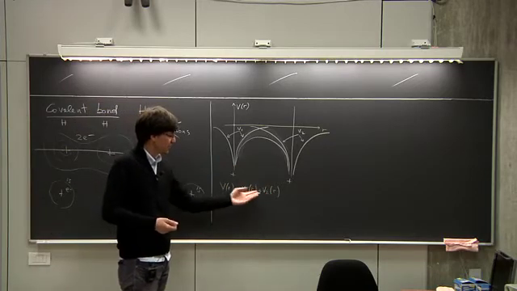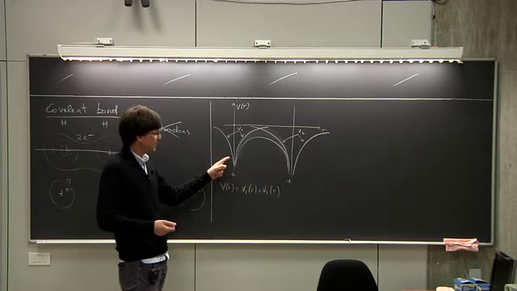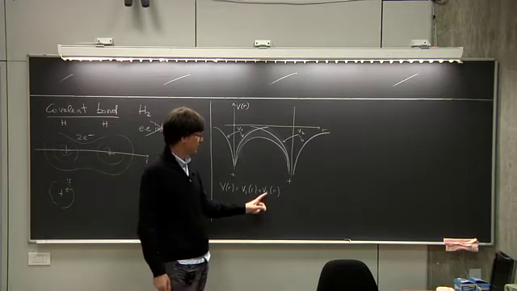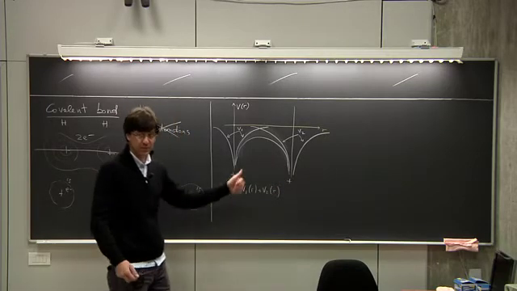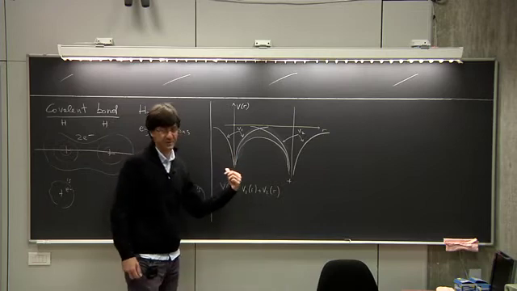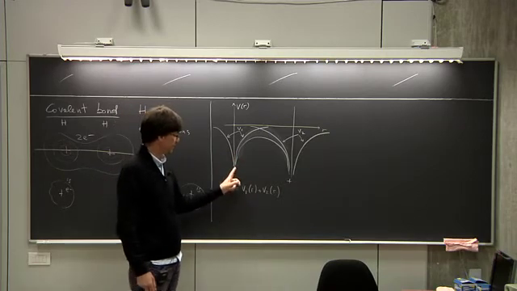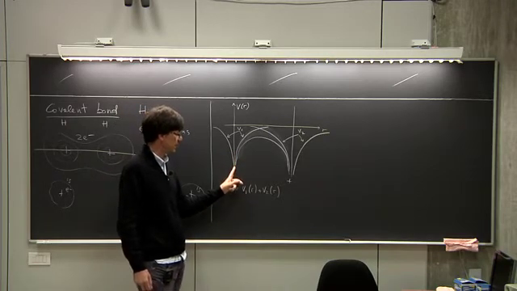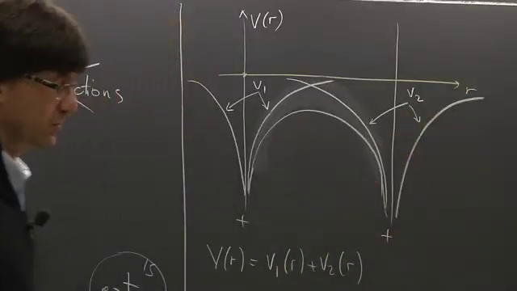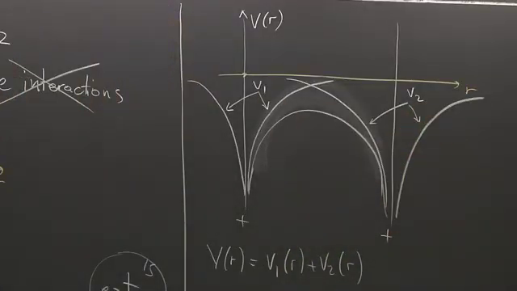This is in general the potential felt by an electron sitting on atom 1, and this is the potential felt by an electron sitting on atom 2, if, of course, atom 1 didn't exist, and vice versa. This is the potential that the electron would feel if this one was there, but this one was removed. The total potential is the sum of the two, obviously.